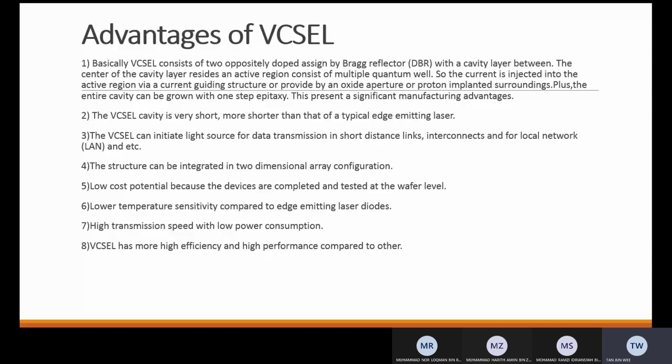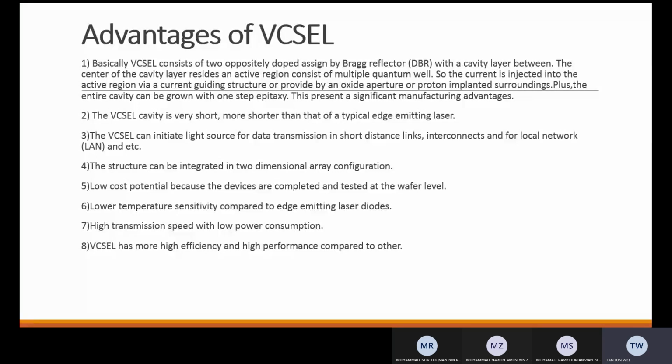The second advantage is that the vertical cavity is very short, much shorter than that of a typical edge emitting laser. Then the VCSEL can be a light source for data transmission in short distance links, interconnects, and for local area networks, LAN. And the structure can be integrated in a two-dimensional array configuration.